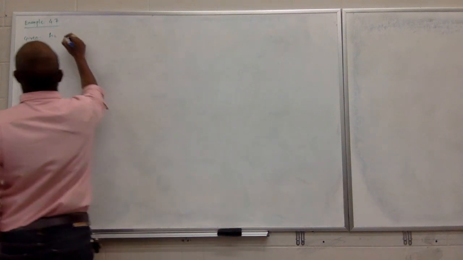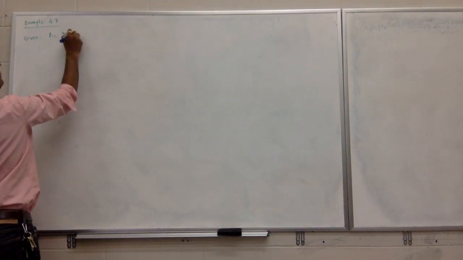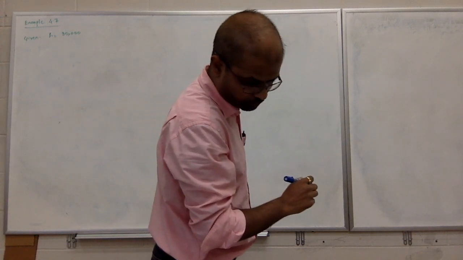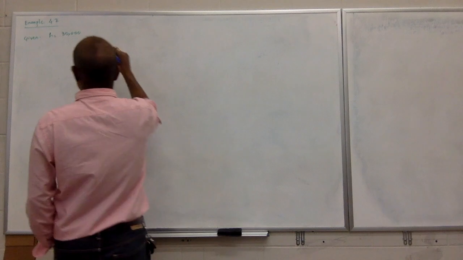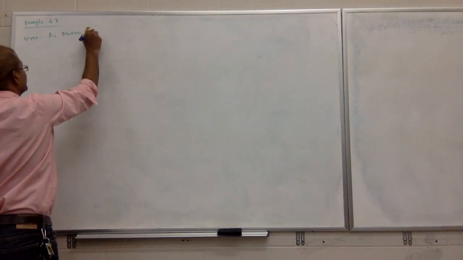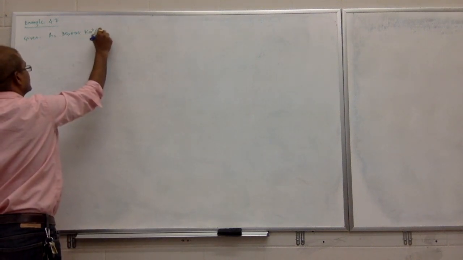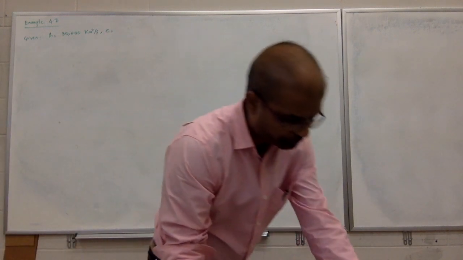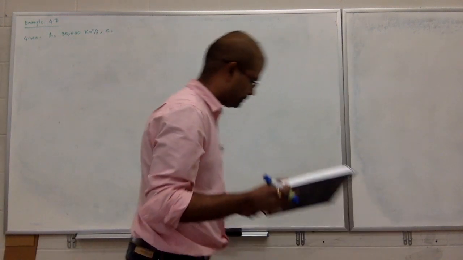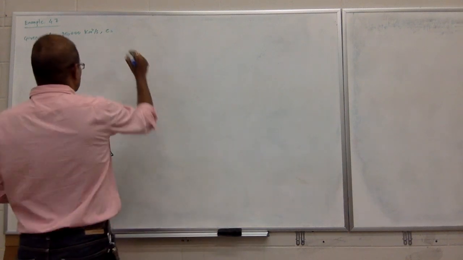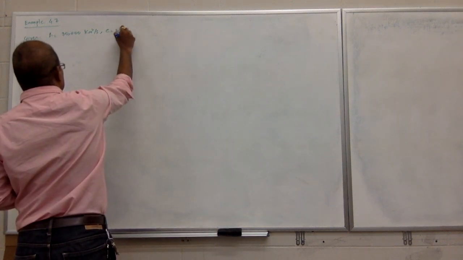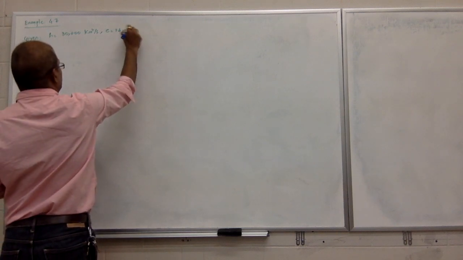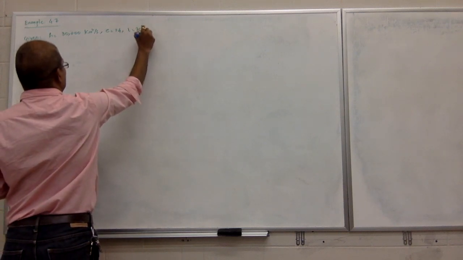h is equal to 80,000. e is equal to 1.4. i is equal to 30 degrees.